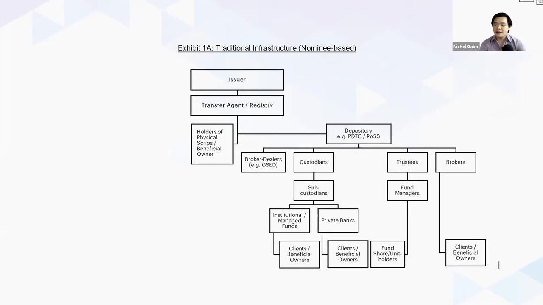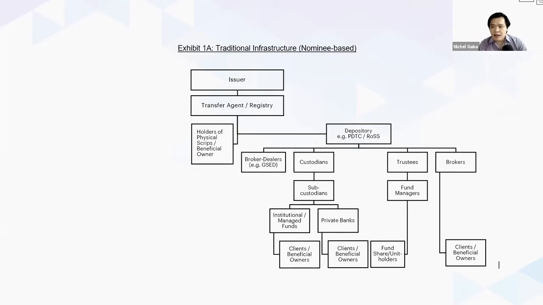It hasn't been a problem really before, right? I think it was a substantial improvement to trading physical securities or physical certificates. But as the market becomes much bigger and much faster, we're starting to see the problems inherent to this nominee-based model.